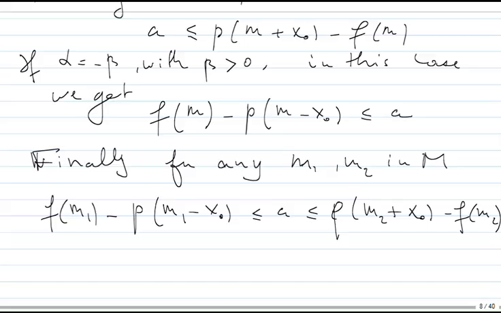So this is the condition for which, if such an A exists and satisfies this, then we get exactly the extension we are looking for. Okay?